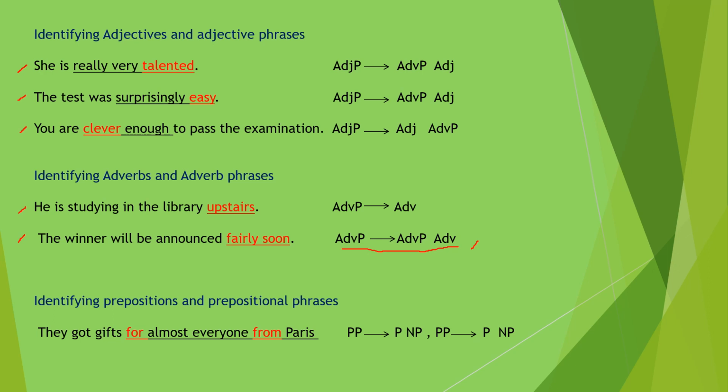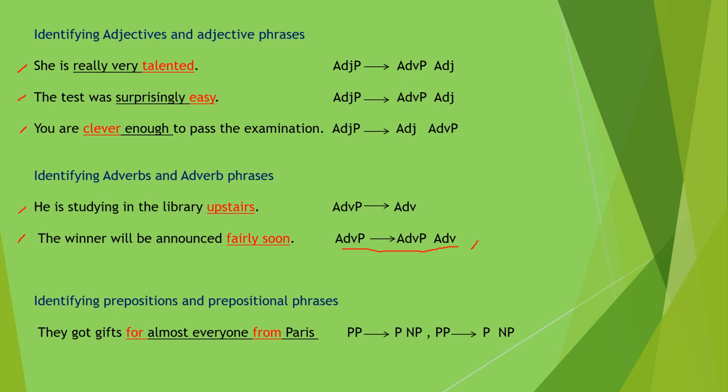Now let's see prepositional phrase. Here we have the sentence, they got gifts for almost everyone from Paris. Wherever you find a preposition, there you have a prepositional phrase. Here we have "for almost everyone," which is one prepositional phrase, and then "from Paris," which is another.